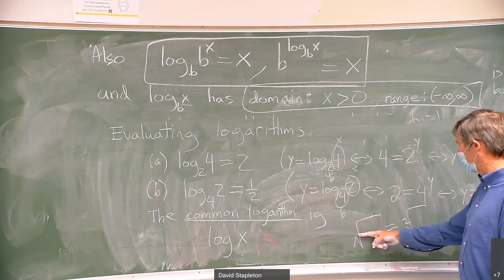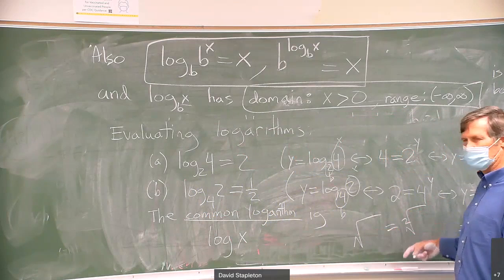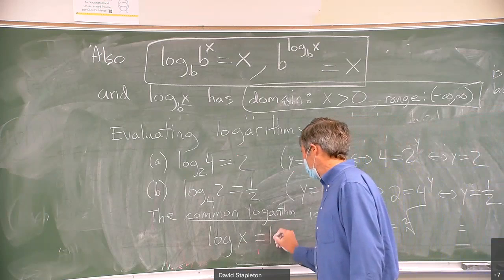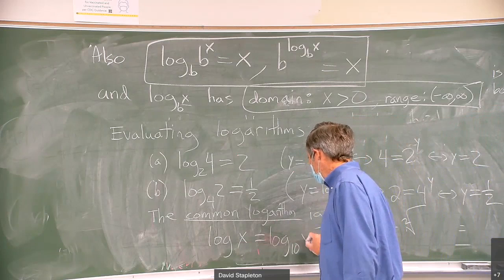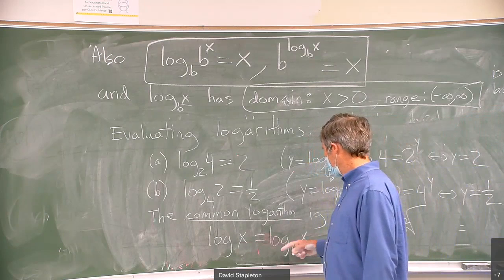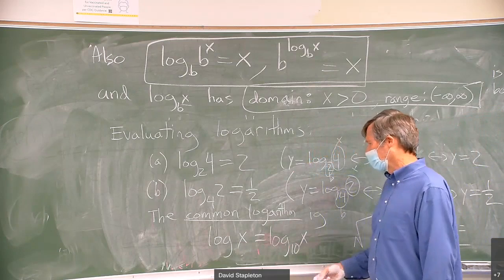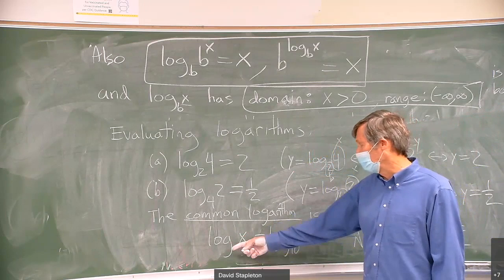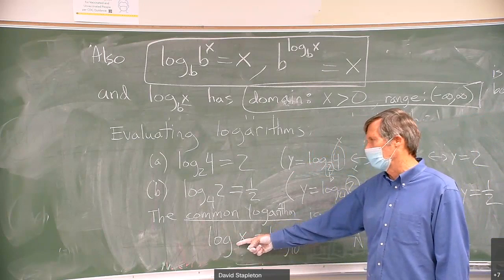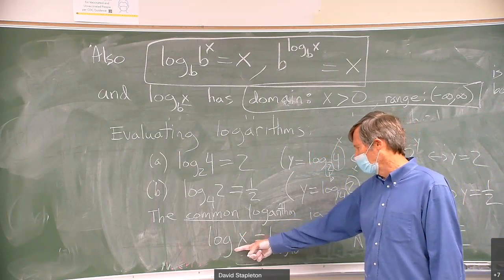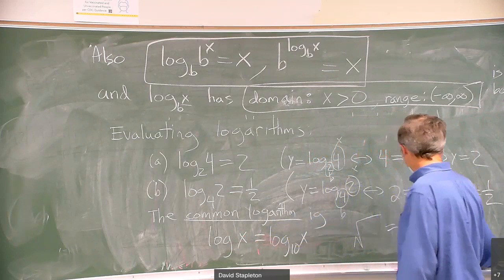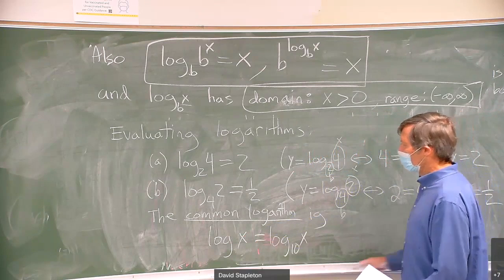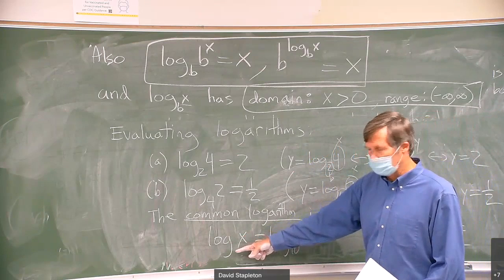Square root comes up so often, if you don't write it down, 2 is assumed. Same thing here. If I write this down, this means log base 10 of x. 10 is used so commonly in finance that people get tired of writing it, just write log x. So be careful: in some sciences, and in computer science in particular, if you write log, it might be log base e also, but usually log without a base means log base 10 of x. We call it the common logarithm. So if I write it without a base, it does have a base, it's 10, right?